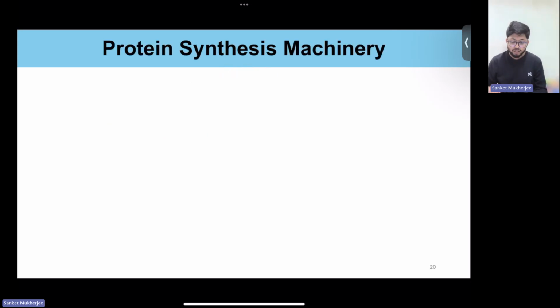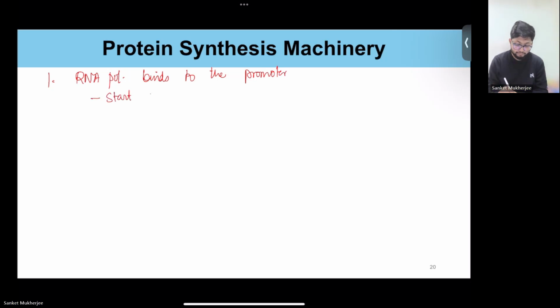Now, understanding how protein synthesis works, we need to understand first that RNA polymerase binds to the promoter. When it binds to the promoter, there is the start of transcription, which leads to formation of mRNAs, right?